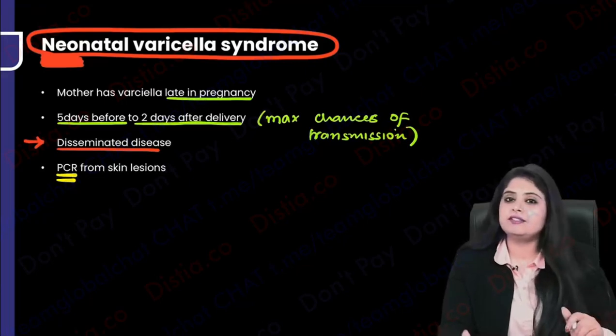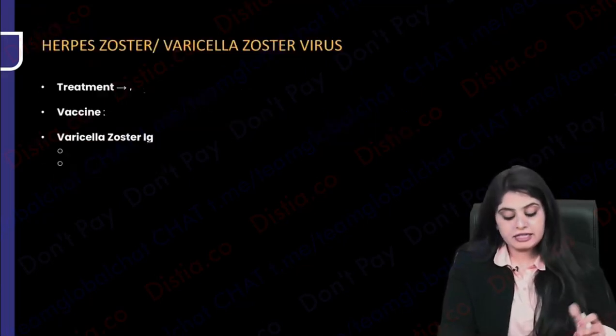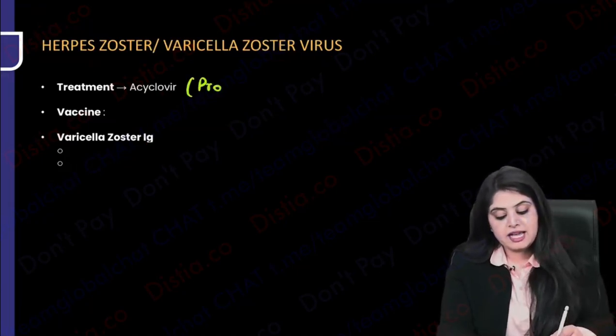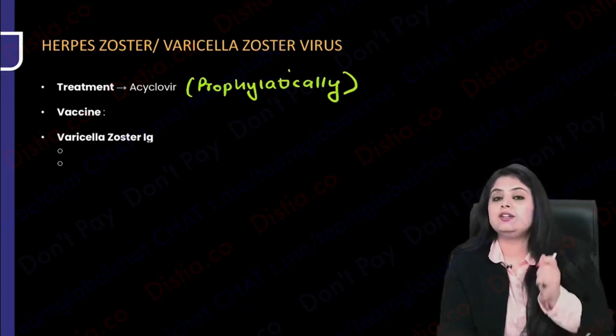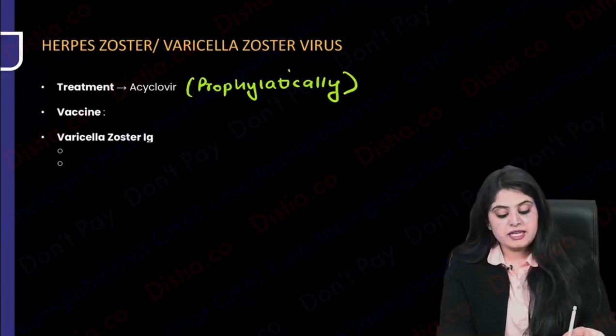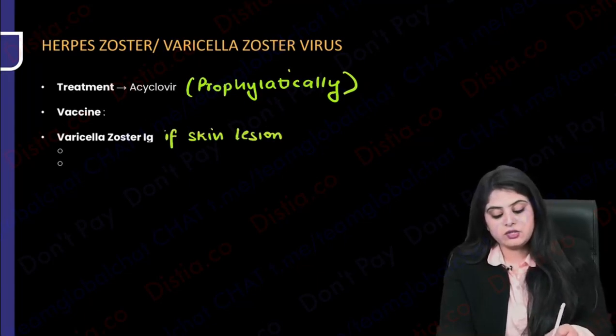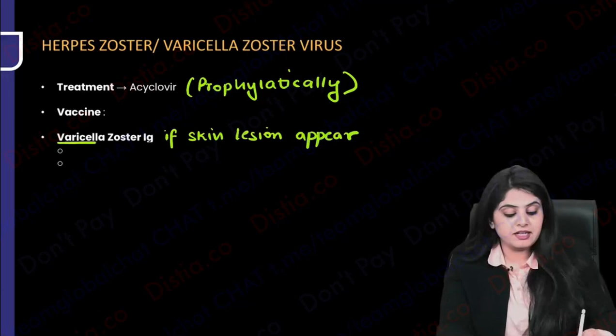Do you leave the child as it is? No, you still give prophylactic treatment. So remember that your treatment with acyclovir still has to be given prophylactically. Even if you don't see any skin lesions in the child, you still give it. And please remember, if skin lesions appear in the neonate, then in that case you are going to give a varicella immunoglobulin also to the neonate.